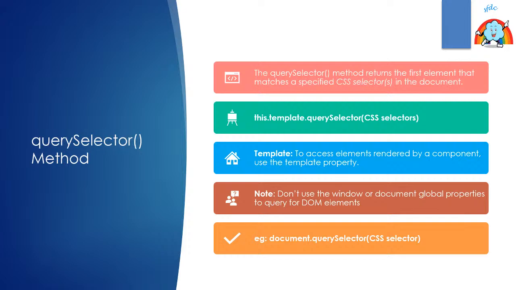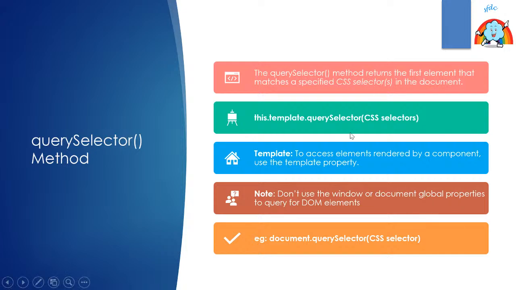Now about the query selector method. The query selector method returns the first element that matches a specified CSS selector in the document. For instance, if there are two paragraph tags, once you are using query selector, it will select only the first paragraph.